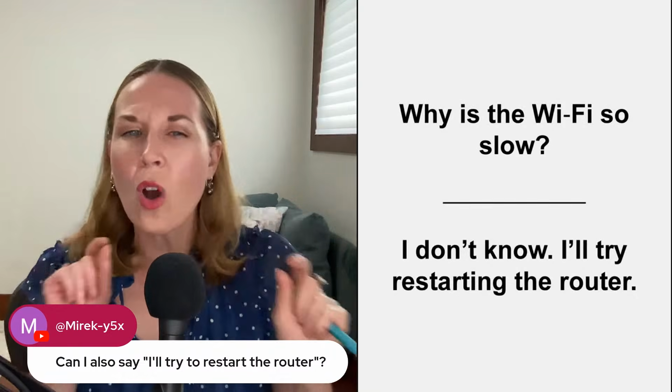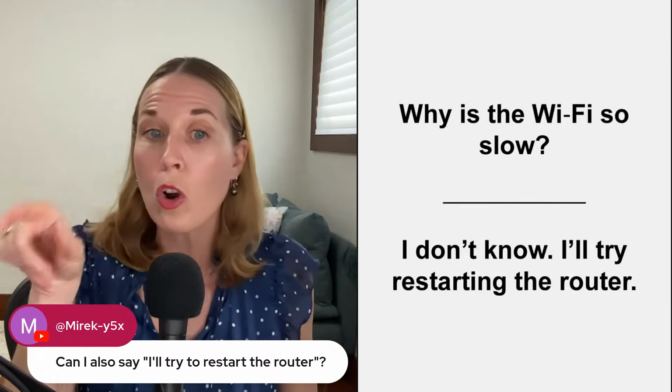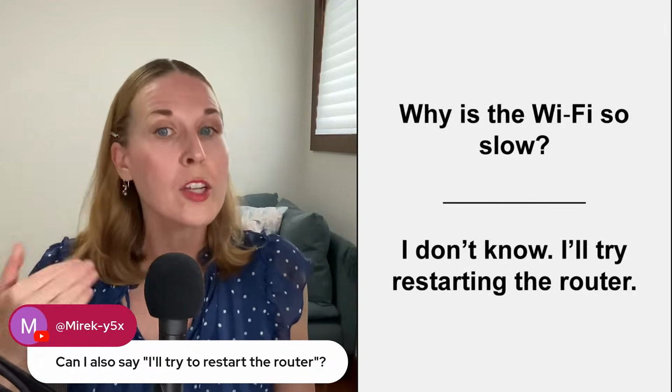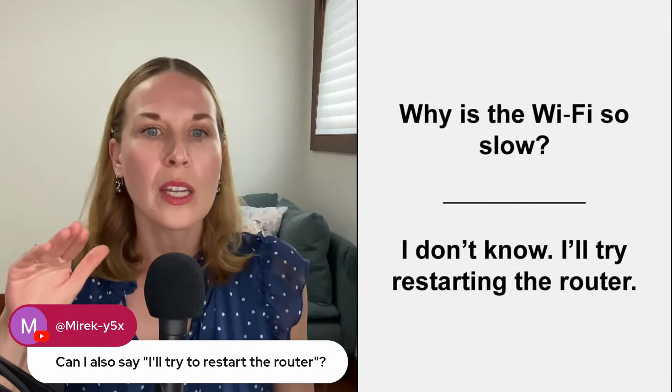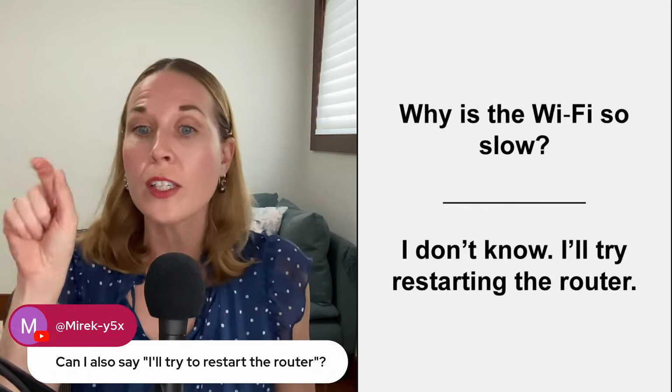Okay, so they're not exactly the same meaning. And you want try plus gerund because it's one potential solution and you do not know if it will work or not. So try plus gerund for that.